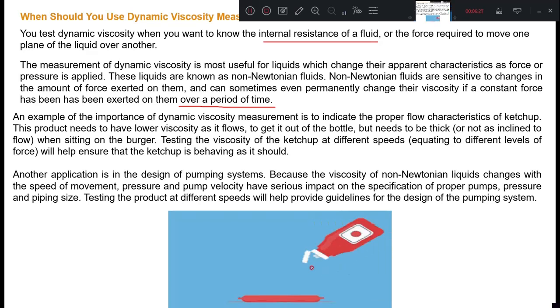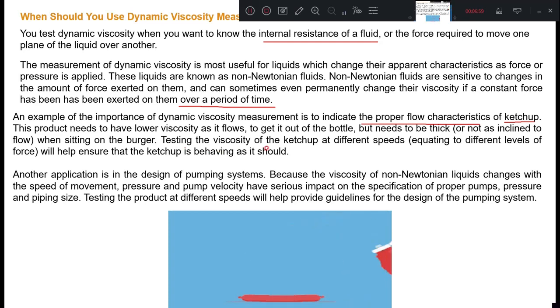This is tomato ketchup. This product needs to have a lower viscosity as it flows to get it out of the bottle, but needs to be thick, or not as inclined to flow, when sitting on the burger.